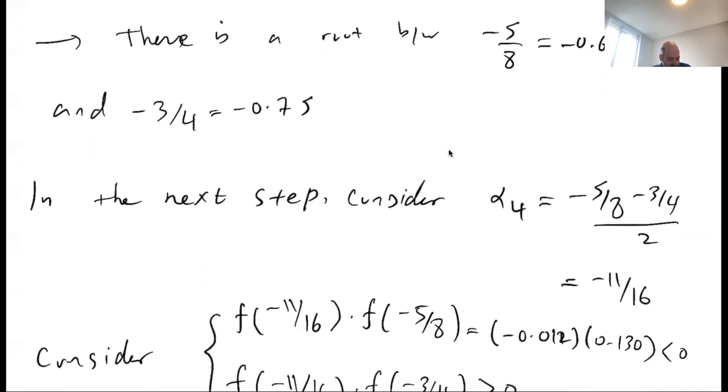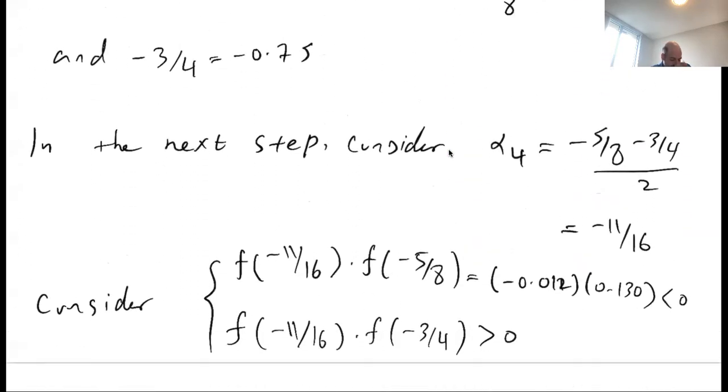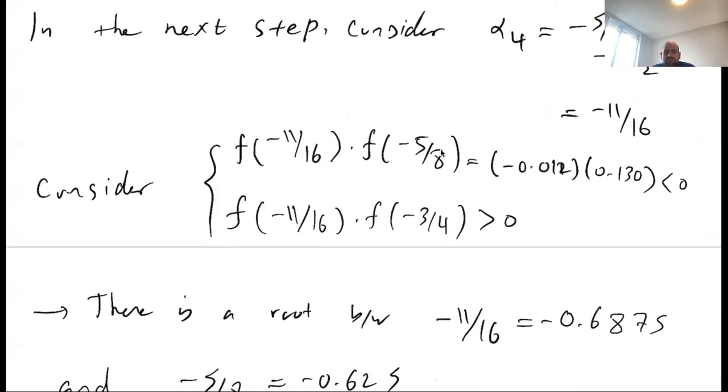We did that. The first number turns out to be negative. The second number turns out to be positive. Again, remember, we are looking for the case where the product of outputs is negative, which happens in the first case. So that means there is a root between this number and this number. This number in decimals is -0.6875.